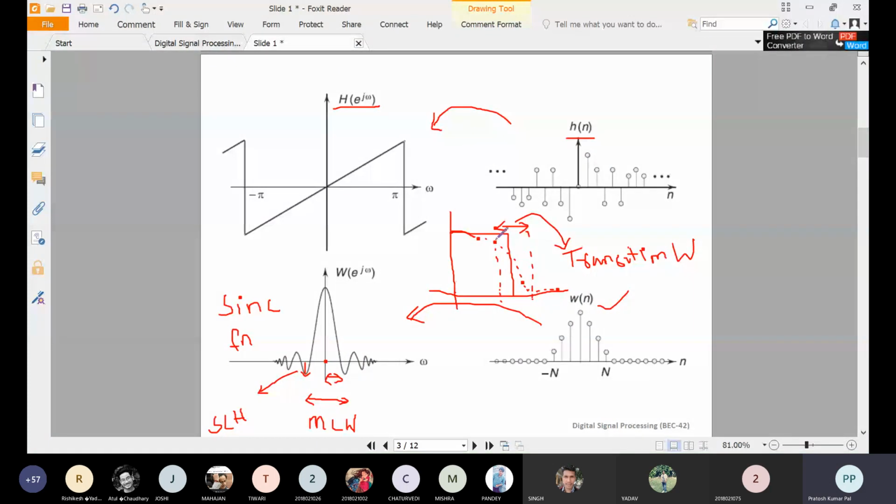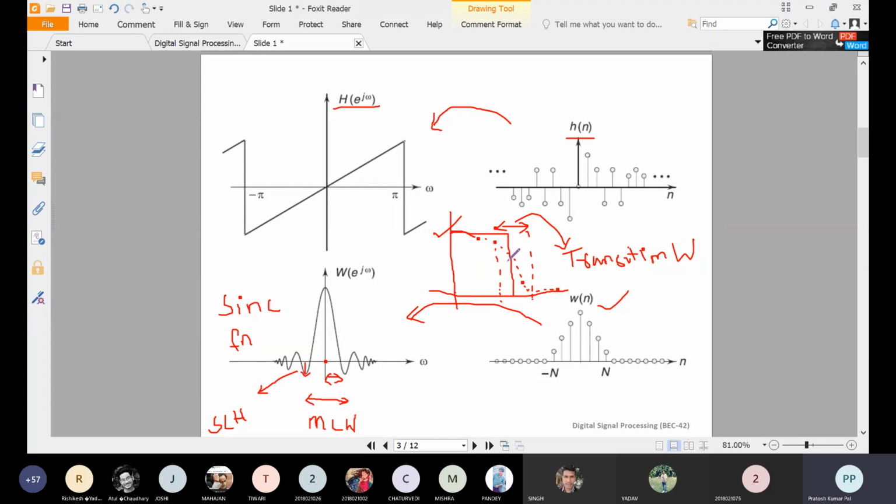So once the transition width is lower, the characteristics will be similar to your ideal one. So to have a better filter, we should be having a window function that is having a smaller main lobe width. Okay, is it okay? It will be clear in the next slide.